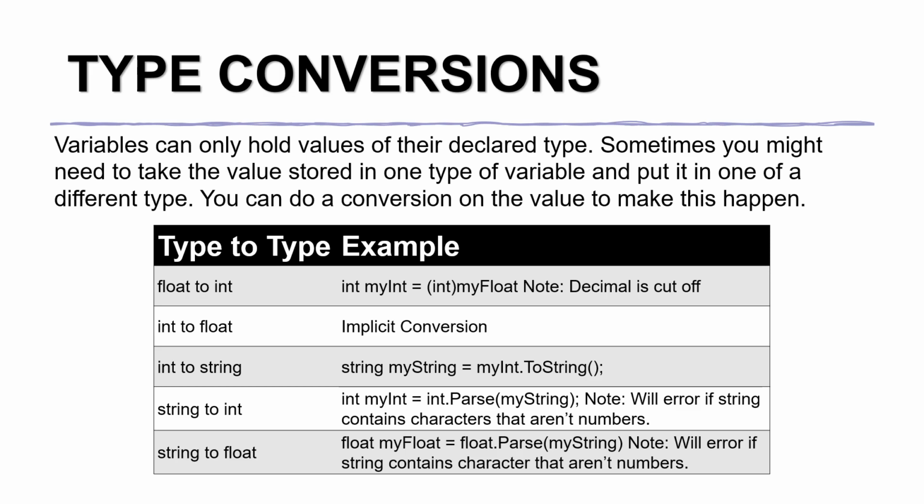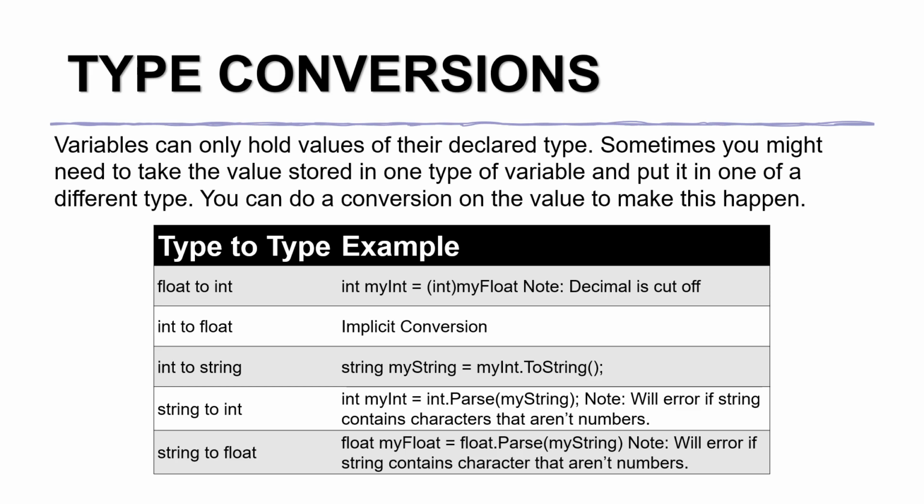Obviously, you can't make a letter into a number, but what if your string is actually a string of numbers and you want to store that as an actual number? Or what if you have a number that needs to turn into a string for some kind of reason? What if you have a float? Those are the decimals, and you need to turn it into an integer because you need to do stuff with that. You can't do that right out of the box.